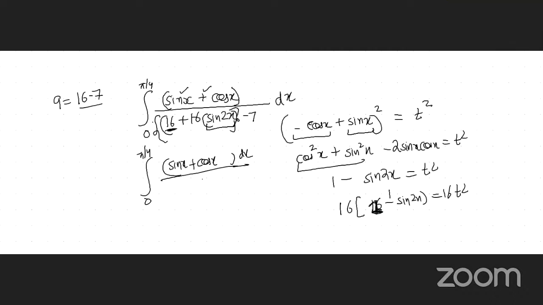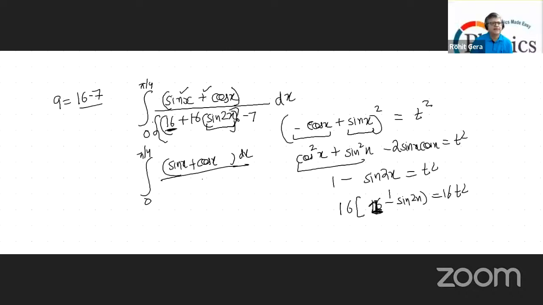So I will just rewrite this. I was given 9. Let me add and subtract 16 then, because I need a minus sign here. I was getting 1 plus sine 2x, I need 1 minus sine 2x, right? So I've added and subtracted 16 this time here.